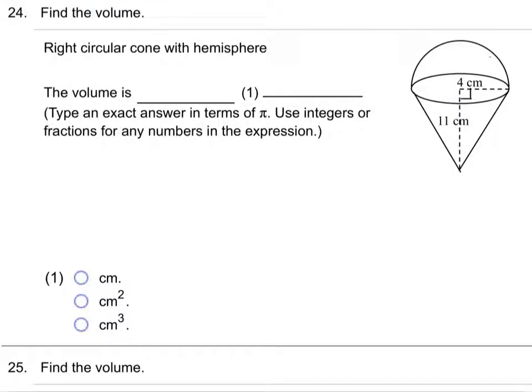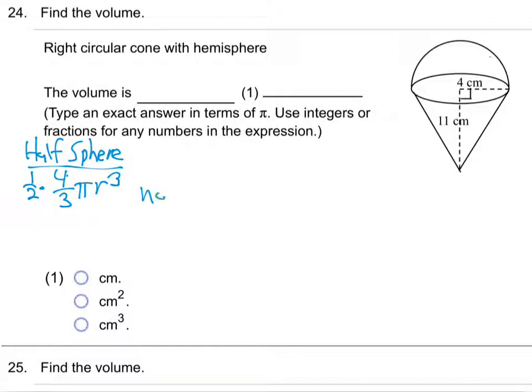So how are we going to figure out volume? Well, we have a different formula. So first off, we have the half of a sphere that is on the top. We have a volume formula for a half a sphere. What's that? Now careful, it's not the same as the other one. So we're going to take half of 4/3 pi r cubed.